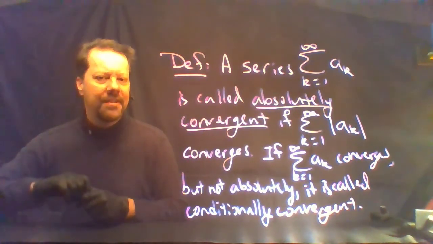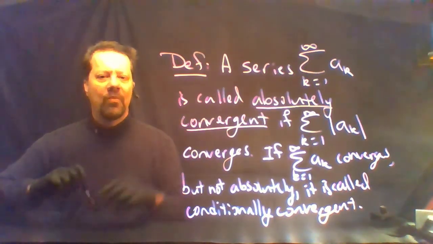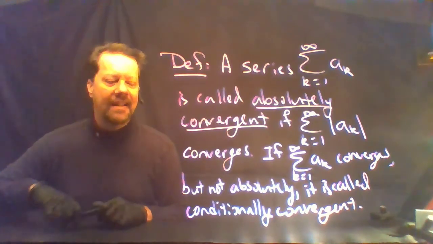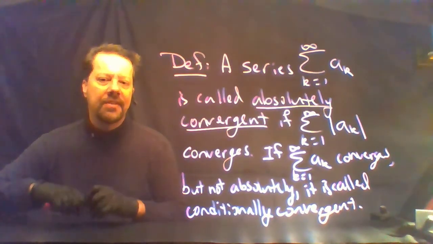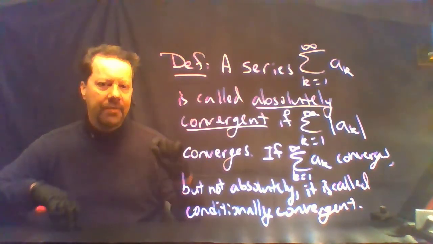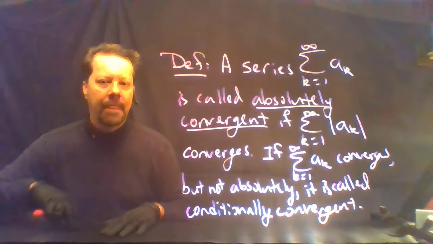Conditionally convergent series have a lot of very interesting properties, as we'll see. One in particular is that you can rearrange the terms of a conditionally convergent series in such a way that it will converge to any number, any real number that you wish.